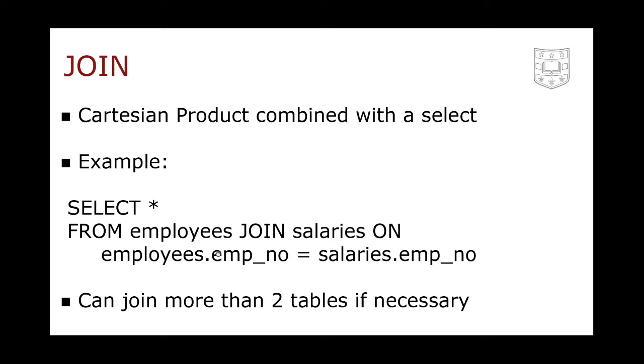This equality is saying that this column from the employees table means the same thing as this column from the salaries table. It's saying that those two columns represent the same kind of information. And so instead of just doing a brute force combination of all of the tuples together, I have a more meaningful combination of those tuples being combined together.